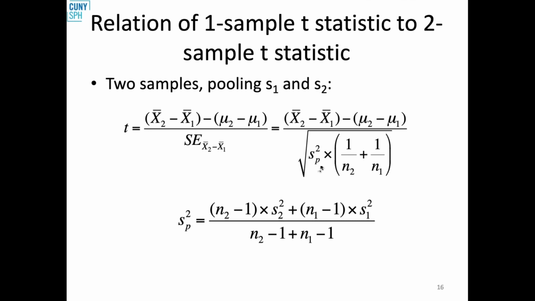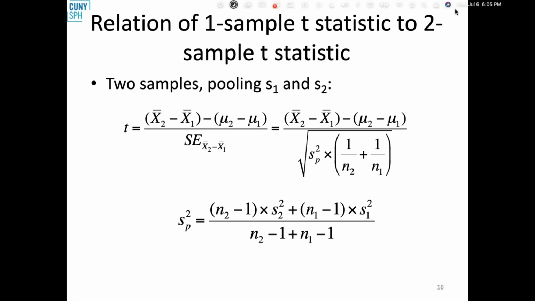Now, since we know that the degrees of freedom is 98, we can go to our table and look up the t-value for 98. Maybe it's about 2.0 or 1.99, something like that. That's going to be our critical value of t. So if the t you calculate is bigger than 1.99, you can reject your null hypothesis.